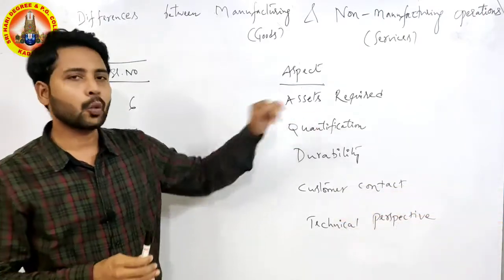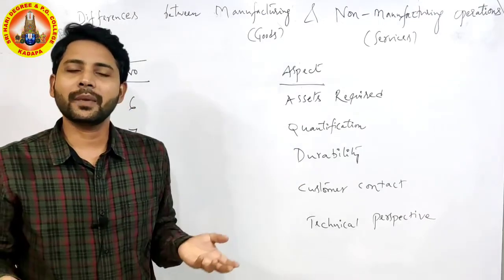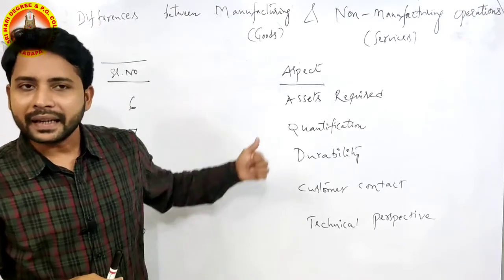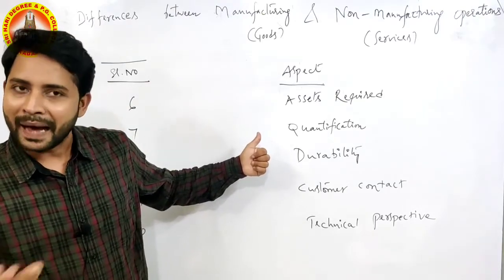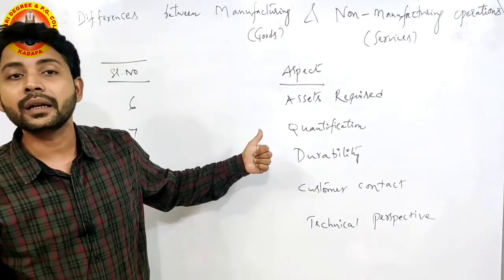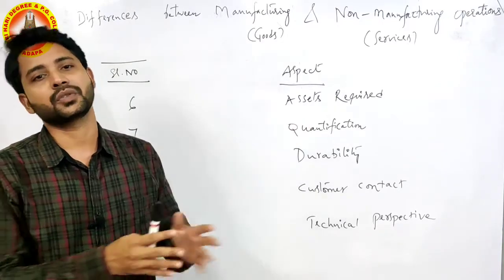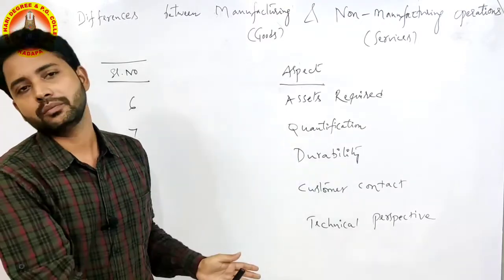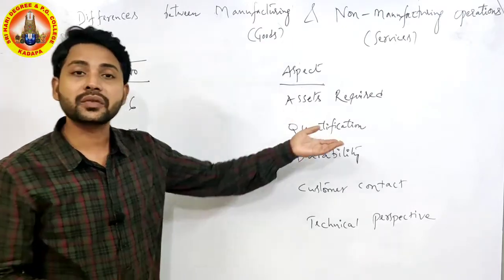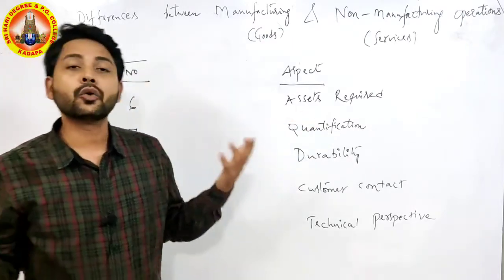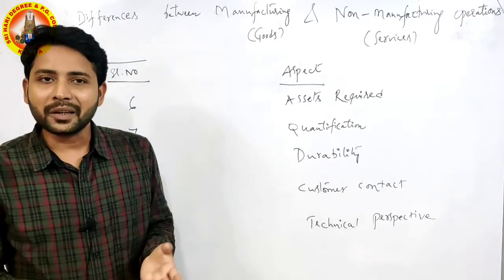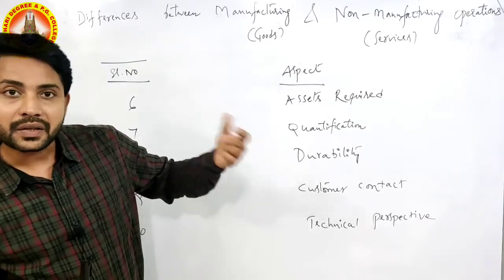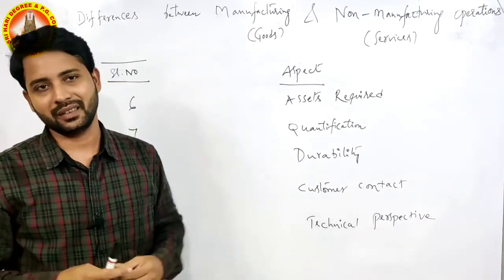The next is quantification. What do you mean by quantification? In simple words, numbering. In case of goods, the manufacturing organizations can easily quantify them. But in case of services, it is not at all possible to quantify, because you cannot measure services in numbers.